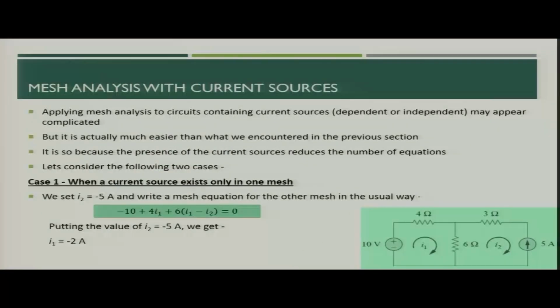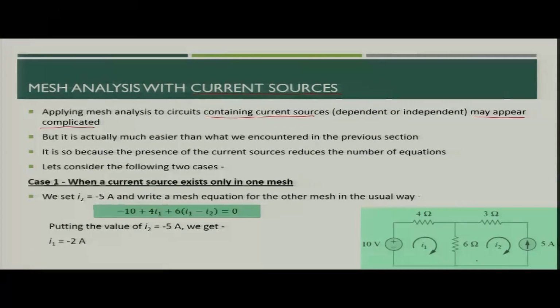Now, let us come to another important concept of mesh analysis, where the source is not simply a voltage source. Here the source is a current source. If you apply mesh analysis to a circuit with a current source, it looks very complicated.